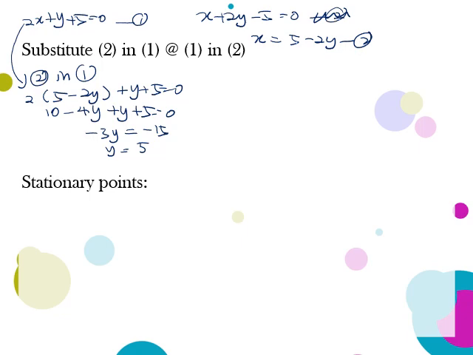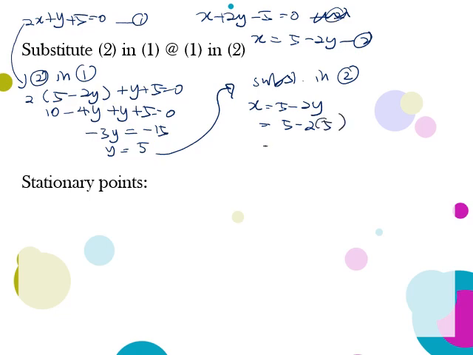Okay, so next I can substitute into either of the equations. Let's say I choose 2. So we have x equal to 5 minus 2y. So we have 5 minus 2 times 5, then we have minus 5.